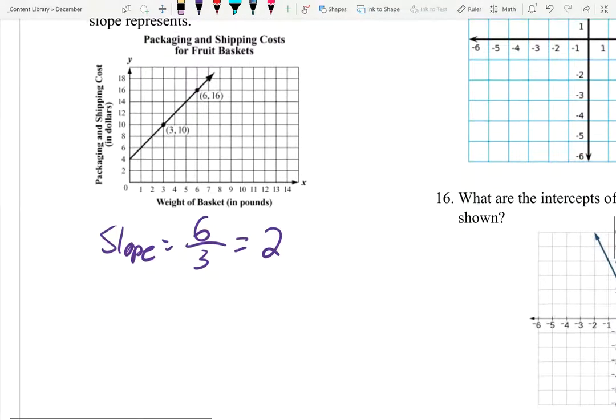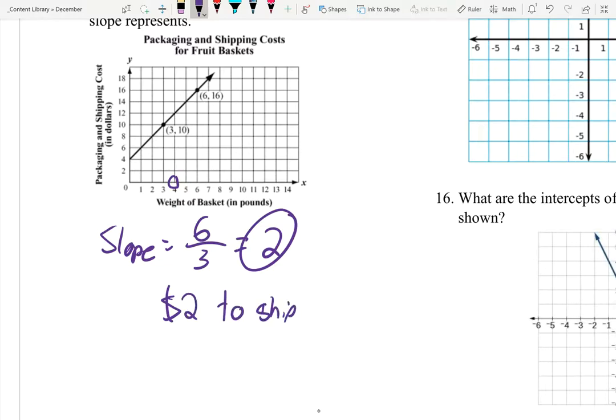Now, what does that mean? What it means is that for each additional basket we have, it's an increase of $2. So basically, this 2 means that it costs $2 to ship each additional basket.